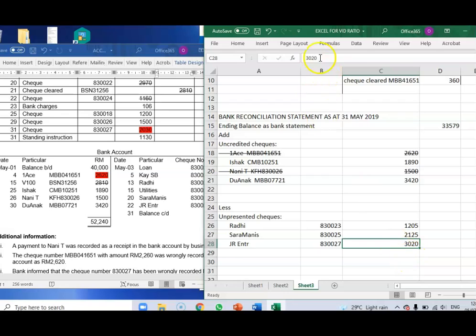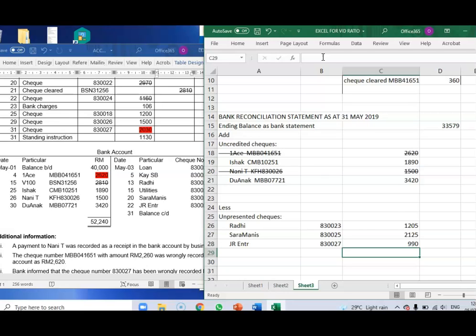You change the amount, means that you cross the amount and write the difference figure, means that you deduct the error figure, the correct figure with the wrong figure. So 320, this is the correct one, and the wrong figure is 2030. Do not do anything, just adjust the figure.